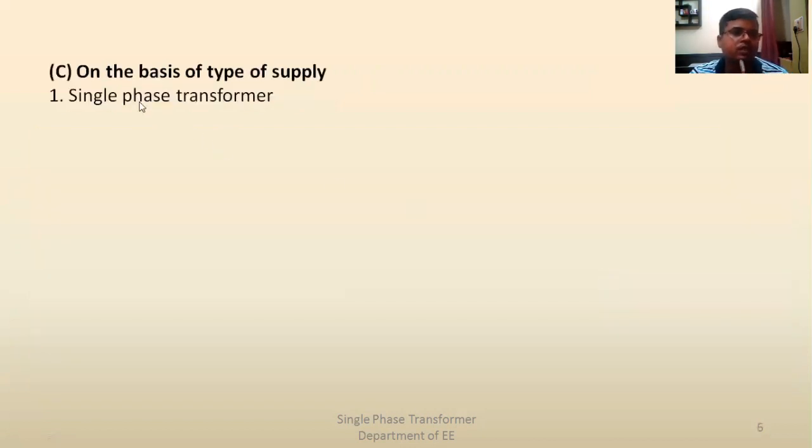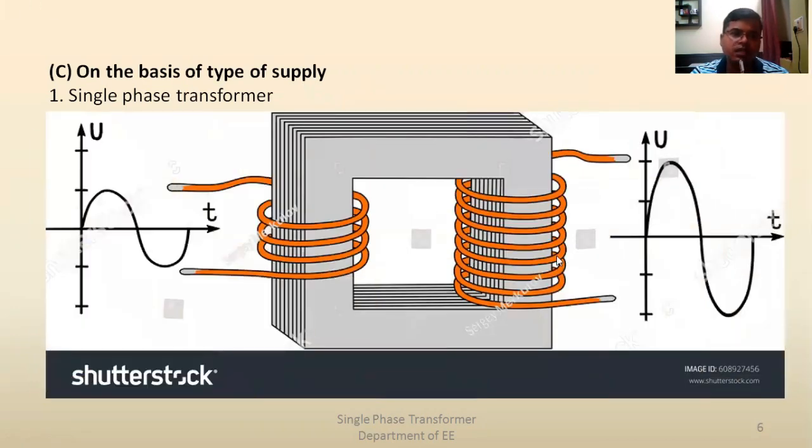Now on the basis of type of supply, this is single phase transformer, okay. In single phase transformer, you will find there are two windings only, okay. One winding is for input terminal, right, for input, and from another winding we get output, okay. So only two input terminals are available and two output terminals are available for single phase transformer, okay.